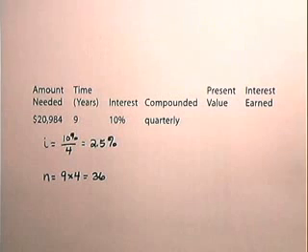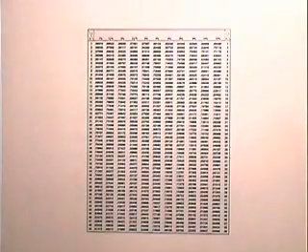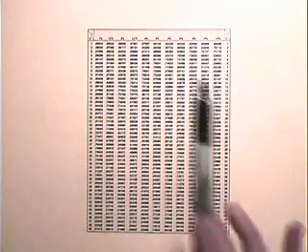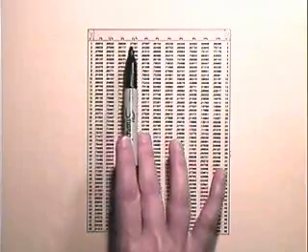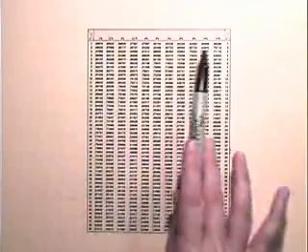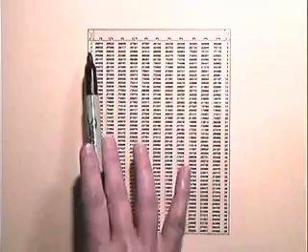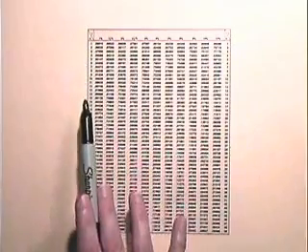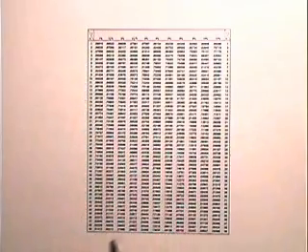We now go to our present value table and find the present value factor that we multiply in order to find the present value of this investment. These numbers are very small, and I know you can't read this, but in the present value table, we have the interest rate per period across the top, which goes from 1% to 12%, and we have down the side the number of periods that go from 1 to 49.